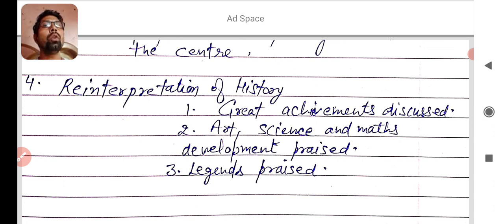Why were Dalits demanding separate electorates? To strengthen themselves. Who was their leader? Dr. B.R. Ambedkar. He formed an association, and there was a conflict between Gandhiji and Ambedkar.